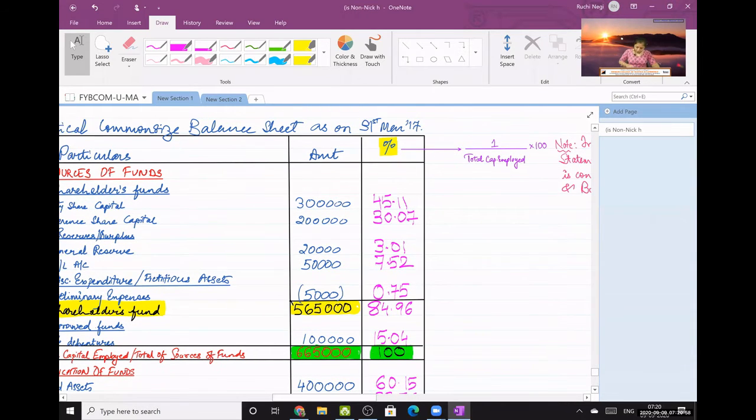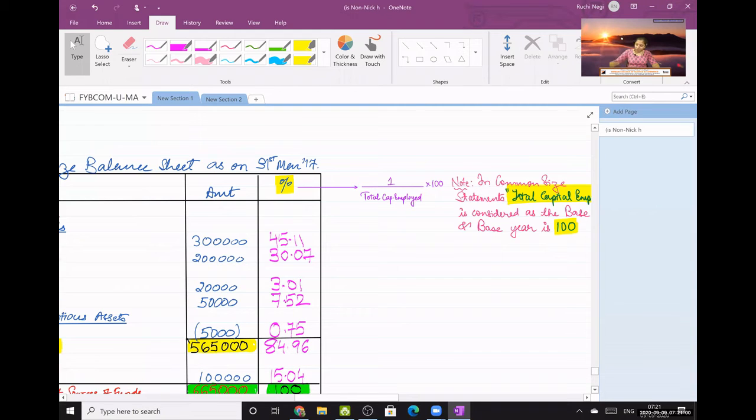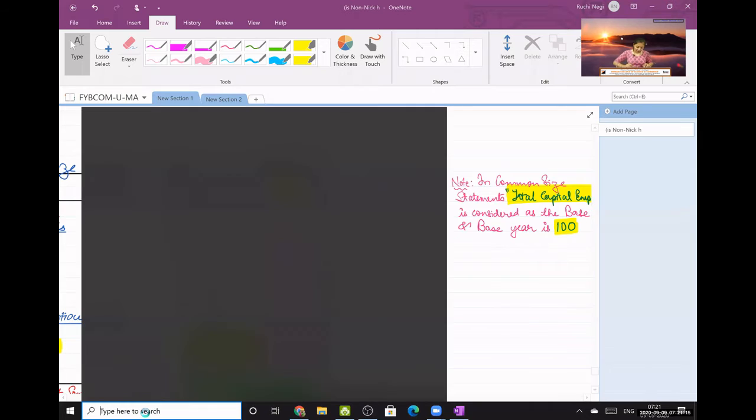Okay. For the shortcut way, you need a normal calculator. You cannot use the mobile calculator or the system generated calculator, which I generally use. This one, wait, I'll show you.